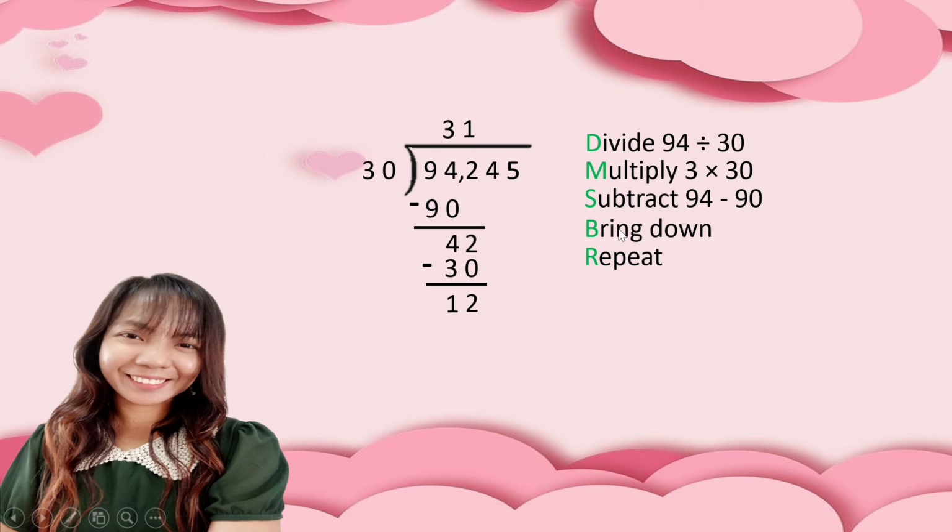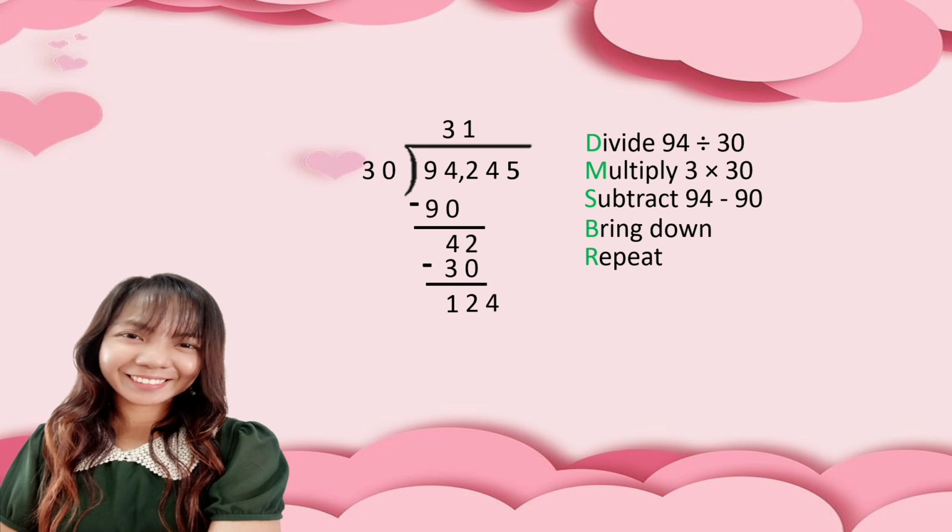And then next step, after subtract, bring down. So bring down the number 4. Now we have 124. Repeat the process. Let's go back to division or divide. 124 divided by 30. How many 30s are there in 124?